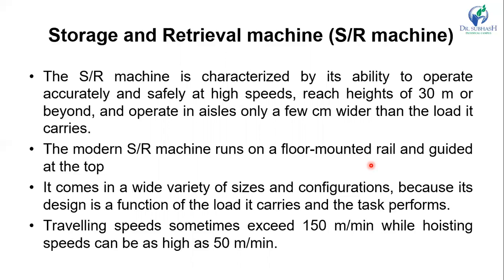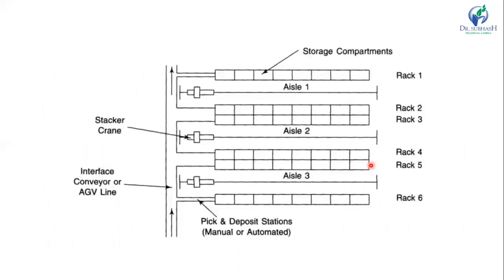Okay, now you can see here, this is the physical arrangement of the aisle and storage structure in an automatic storage and retrieval system. You can see rack 1, rack 2 and 3. Between these are aisle 1, aisle 2, aisle 3.